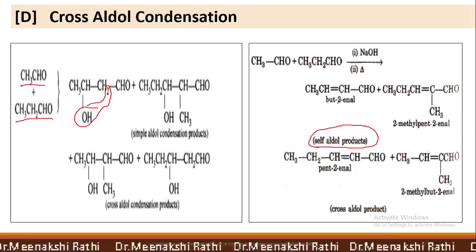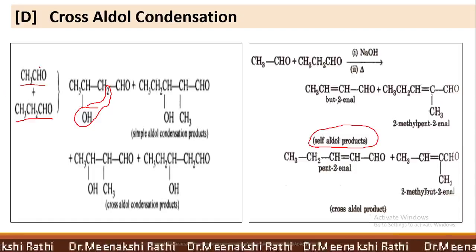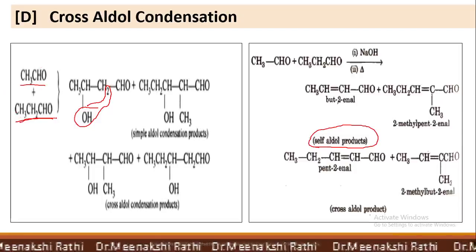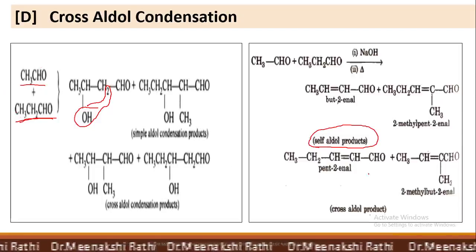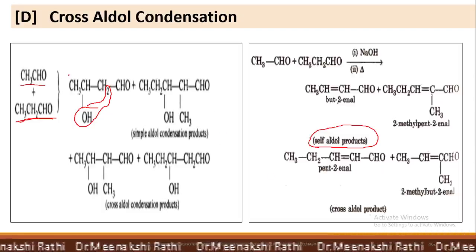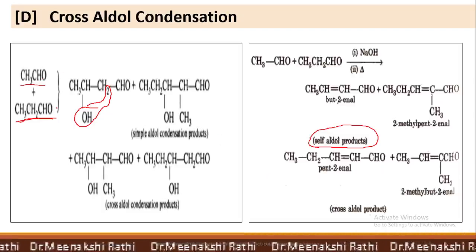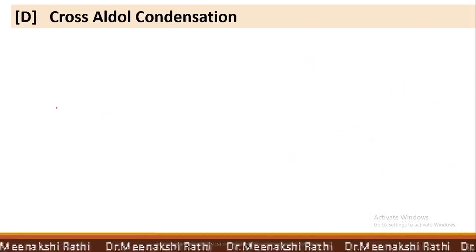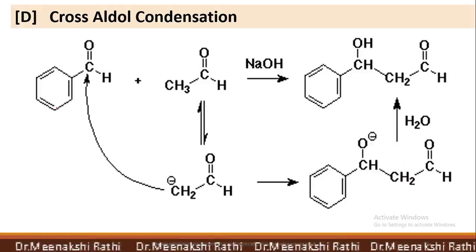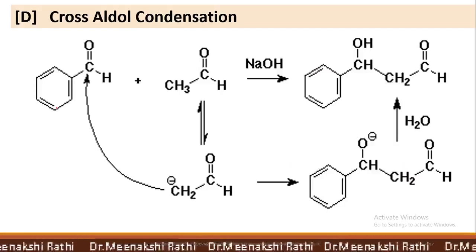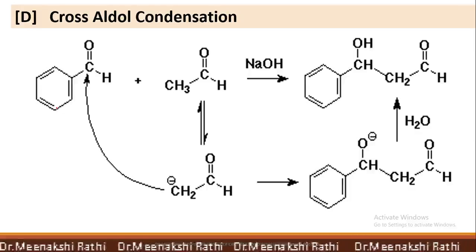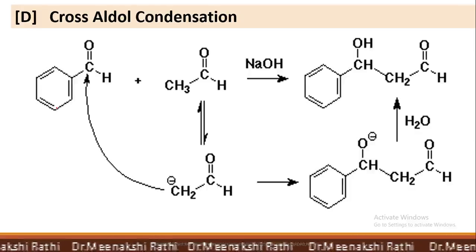Self means when acetaldehyde combines with acetaldehyde or propanaldehyde condenses with propanaldehyde. But the remaining 2 are cross aldol products. In this, 1 molecule of acetaldehyde combines with propanaldehyde. So, cross aldol condensation is not feasible when both molecules contain alpha hydrogen atoms.